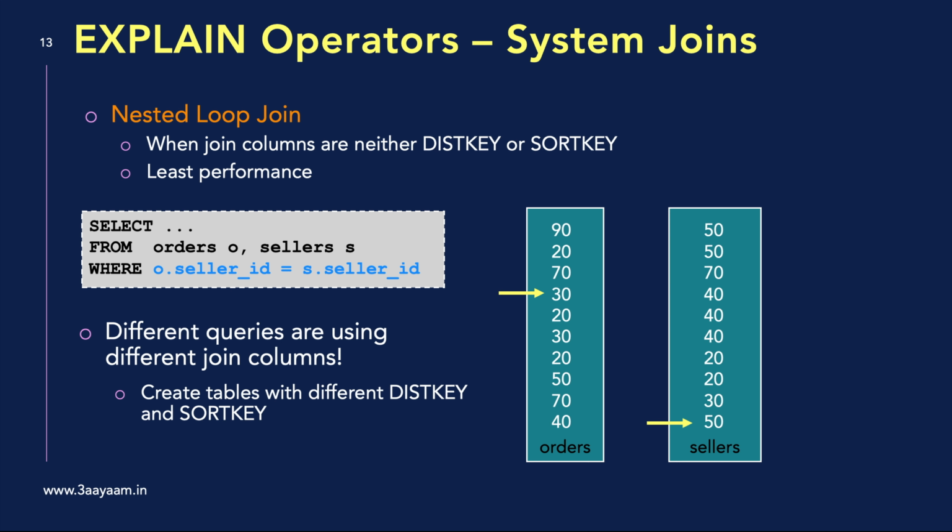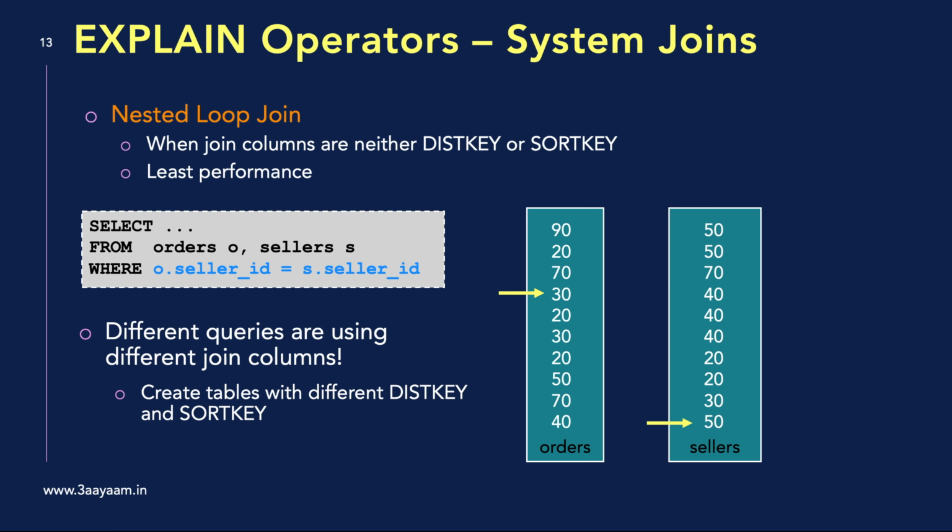And that's where there are two options to solve it. We can create multiple tables with different distribution key and sort key, meaning let's say there are 50 queries, and out of those 50 queries, let's say 20 or 30 queries are using the same columns as distribution key and sort key, and the other 20 queries are using different columns. So you can create two different tables and then run the same query on two different tables.